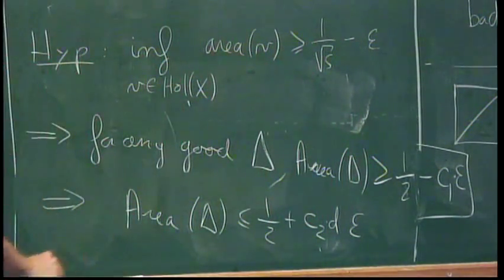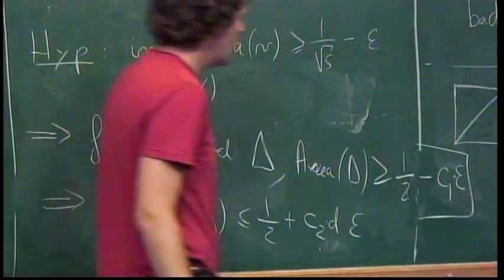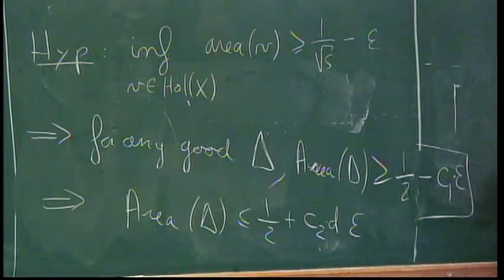And from this upper bound, you can get an upper bound on the maximum, but only for best approximations, not for all vectors, of course. But you get that the sup of V, a best approximation in X of area V, is smaller than 1 over square root of 5 plus a constant, which is not the same as here, D epsilon.